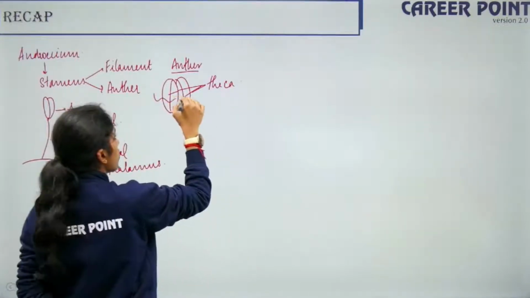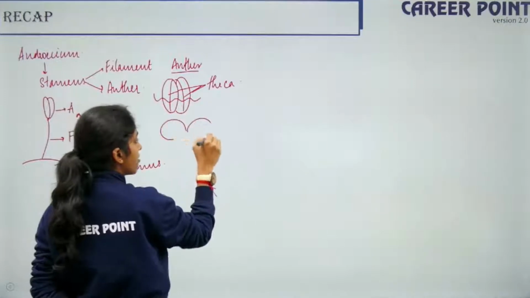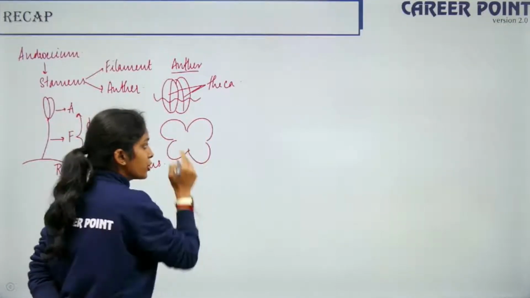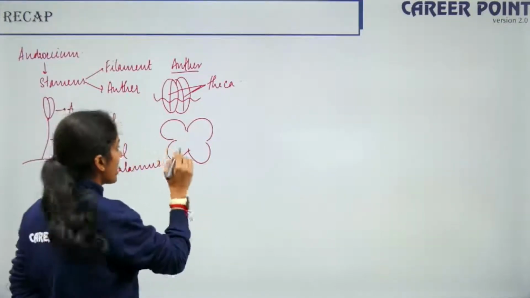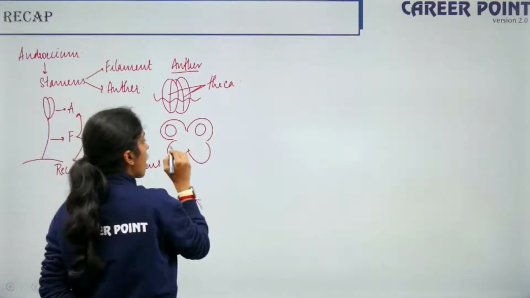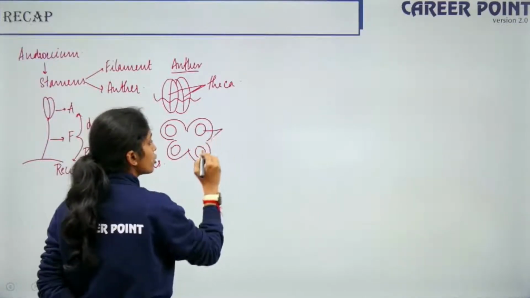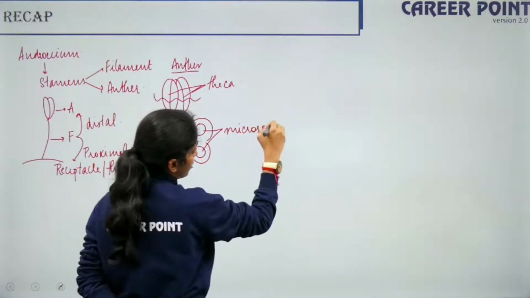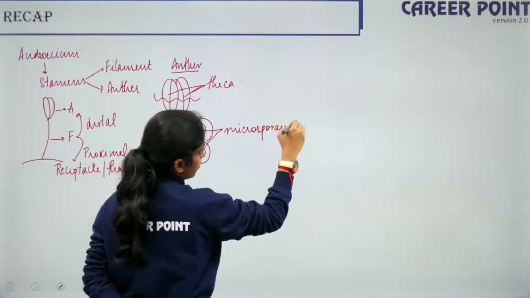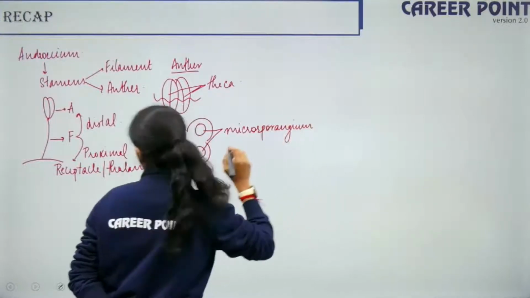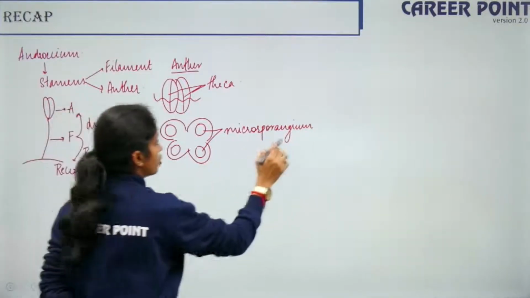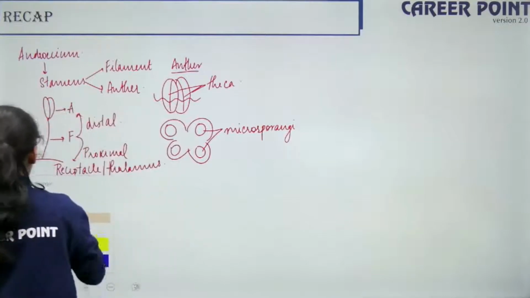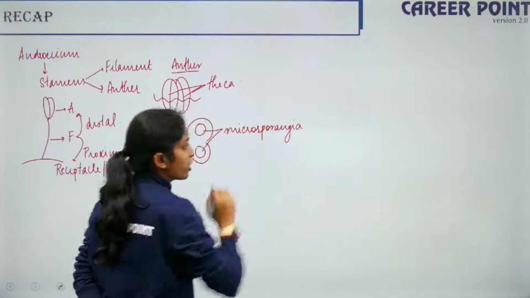Now if I cut open the anther like this, I have a structure like this. I have four corners, and in each of the four corners I have what is called the microsporangium. This is known as your microsporangia.